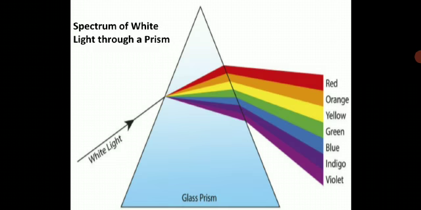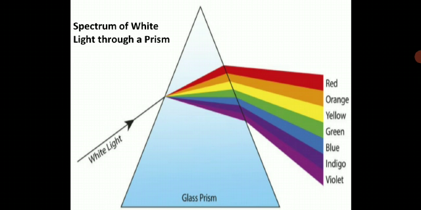Here you will see the diagram of the spectrum of white light through a prism. So you see a prism over here, a transparent glass prism. A white light, or just a ray of light, is falling on the glass prism, and when it's coming out of the prism, you will see the seven colors: red, orange, yellow, green, blue, indigo, violet.